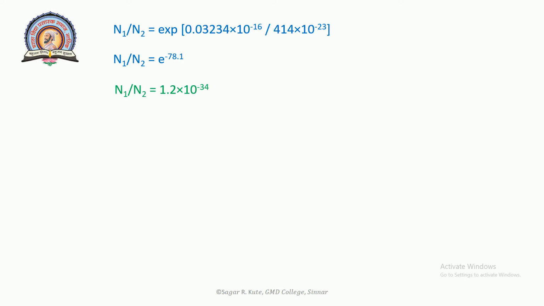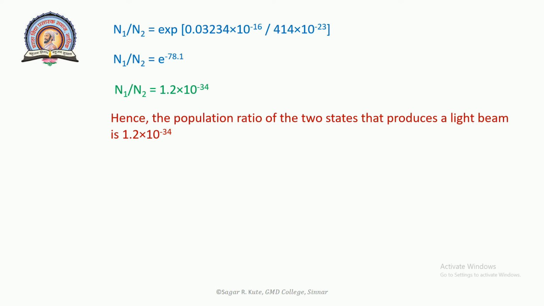After solving, N1 upon N2 is equal to 1.2 into 10 raised to minus 34. This will be the answer. Hence, the population ratio of the two states that produce a light beam is 1.2 into 10 raised to minus 34.